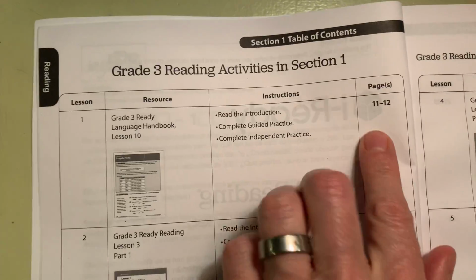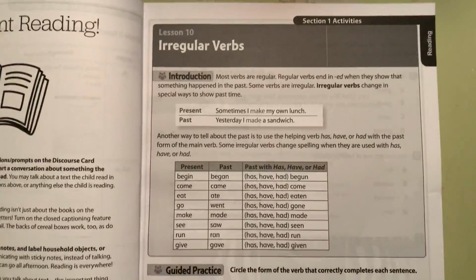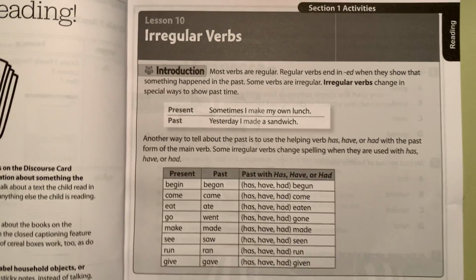So we're going to turn to page 11 and 12 for lesson 1, and down here at the bottom, it is organized with page numbers, which is good, nice and handy. So starting on page 11, there's a grammar activity right off the bat, and it's focused on irregular verbs.